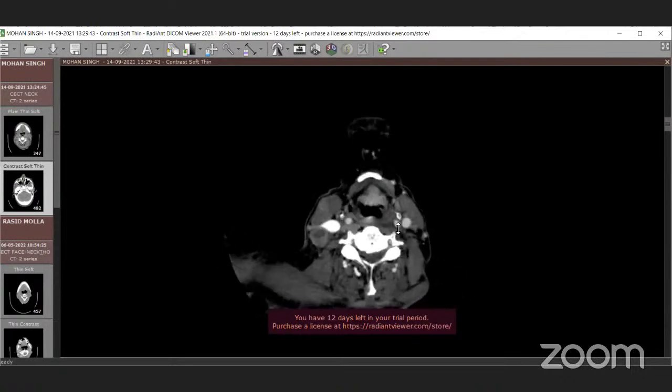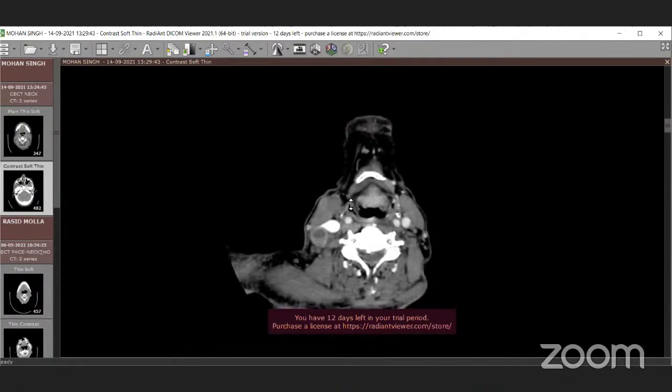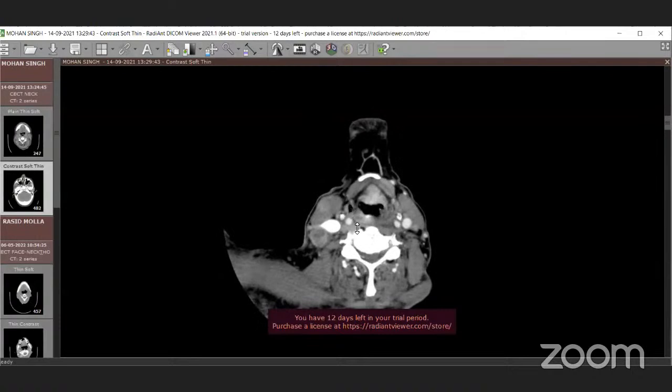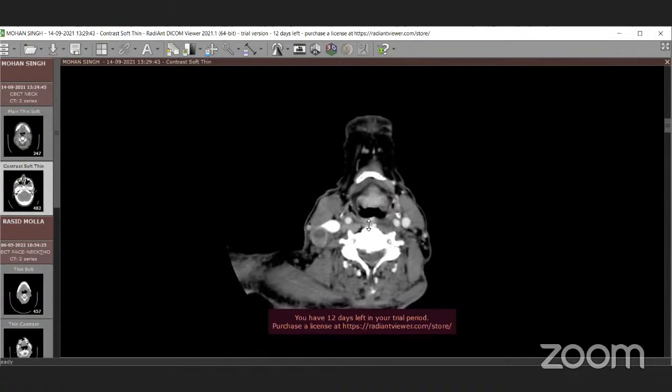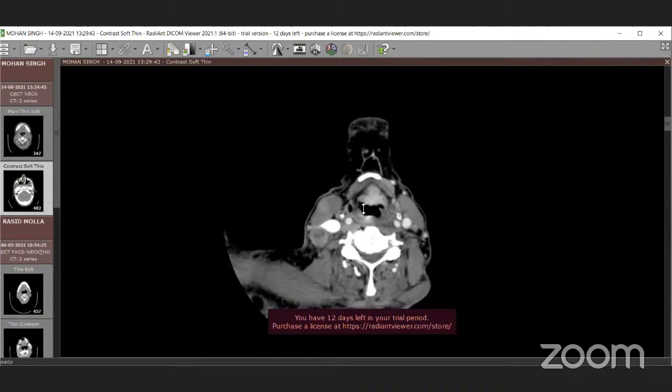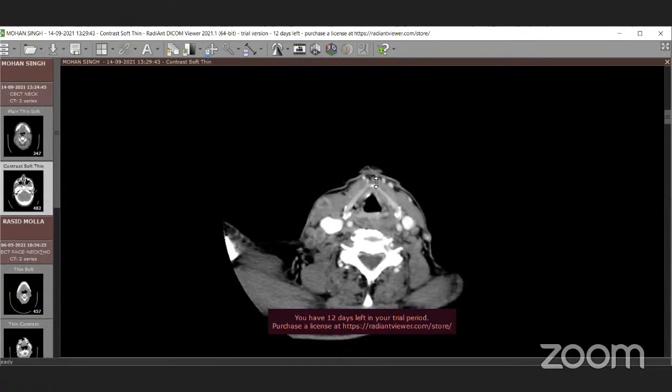And as we go higher, we have a structure which goes obliquely from the lateral aspect to posteromedially. This is the aryepiglottic fold. The posterolateral aspect of the aryepiglottic fold is a part of the piriform fossa, and it is a part of the hypopharynx. Whereas the anteromedial is part of the larynx.